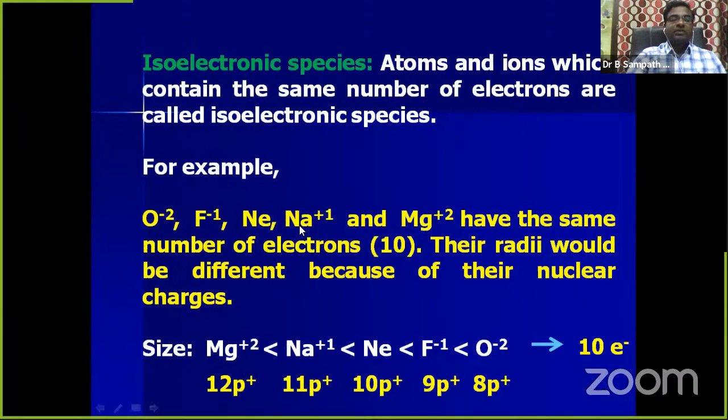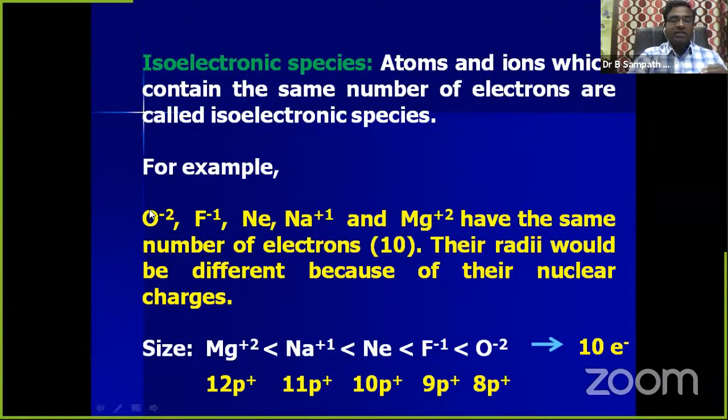And here sodium, the atomic number is 11, so 11 electrons are there in sodium. But after losing 1 electron, it has 10 electrons only. And here magnesium atomic number is 12. So after losing 2 electrons, it has 10 electrons only. Right. So their radii would be different because of their nuclear charges.